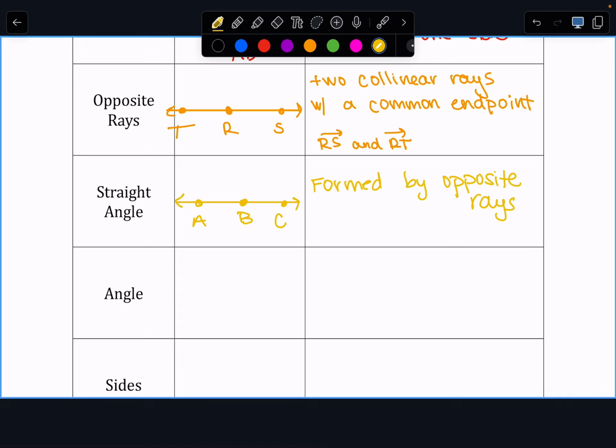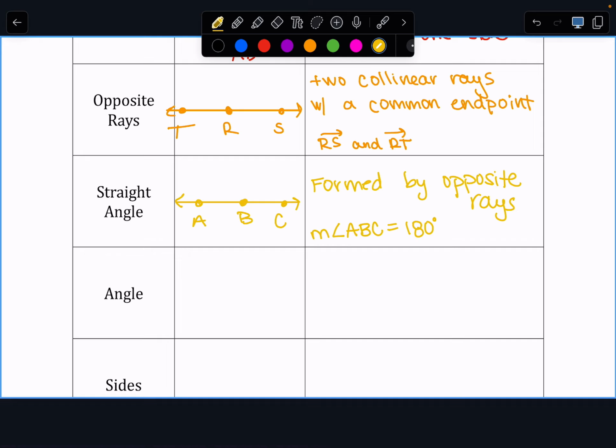What would be the degree measure of a straight angle, Jack? Yes, it would. The measure of angle ABC is 180 degrees. Do you see how I wrote that?